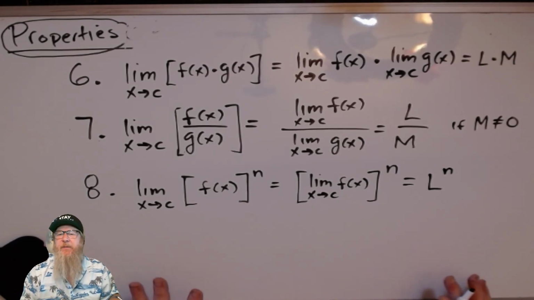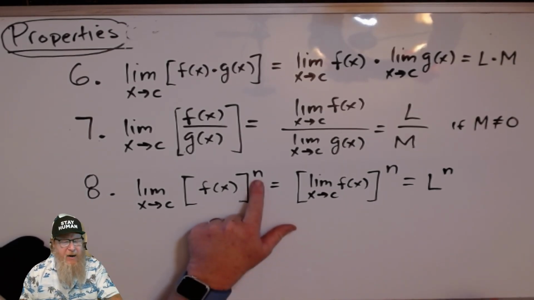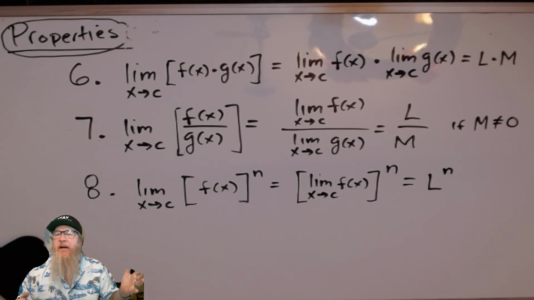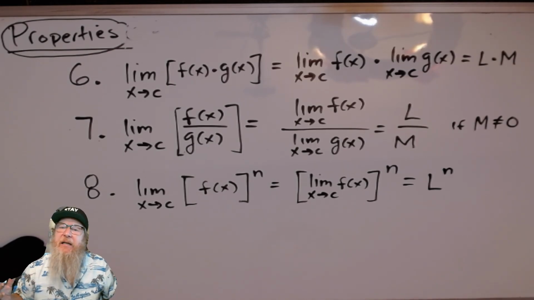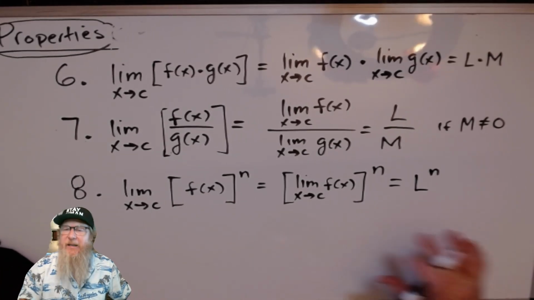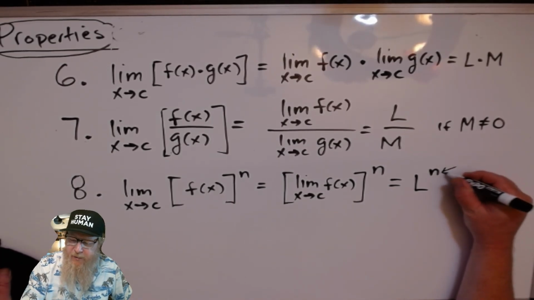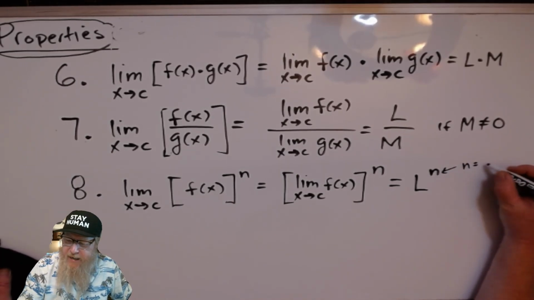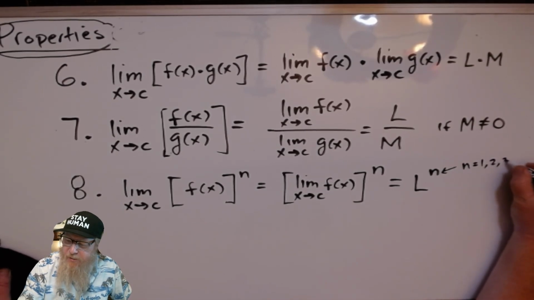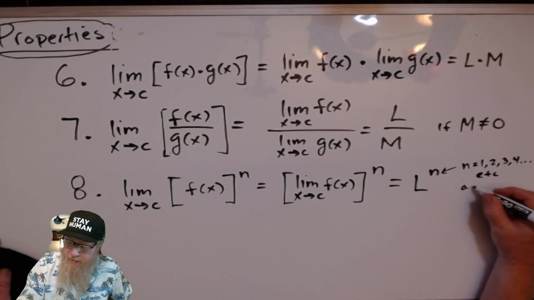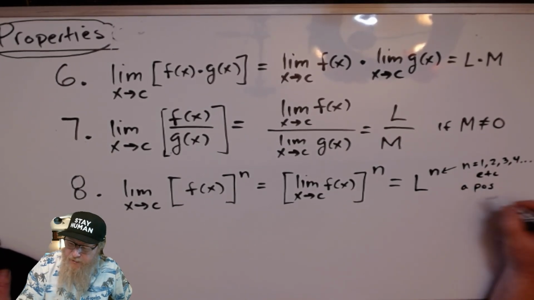This one's interesting because typically when you write a power, you think of it as 1, 2, 3, 4, 5. But powers could be any number. They don't have to be nice whole numbers. But in order for this property to be true, they have to be the ones that you learned in elementary school. So n has to be 1, 2, 3, 4, etc. In other words, a positive integer.